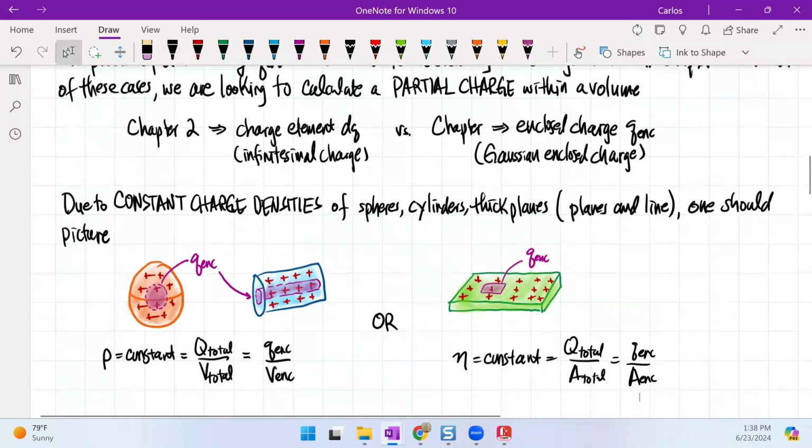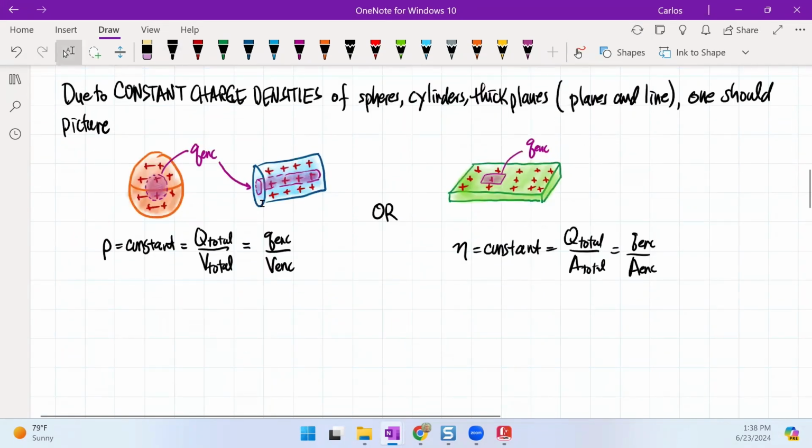So now let's focus. Now again, I could do this for lines, but I don't think we even see it in this course. I could be wrong.